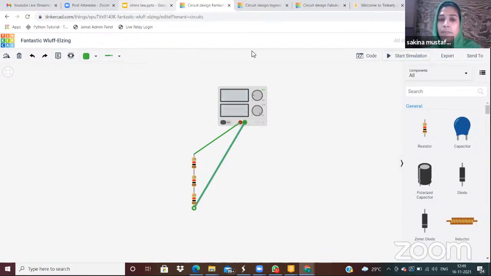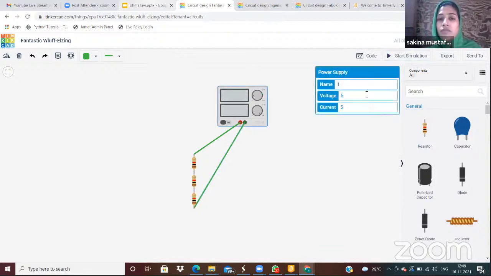Now, if we increase from 5 volt to 10 volt, what will happen? Our current is also increased because the voltage we are applying is more, but we have used the 3k resistance. So 3.33 into 3 will give 10 volt. Okay, so this is how it will work in a series.